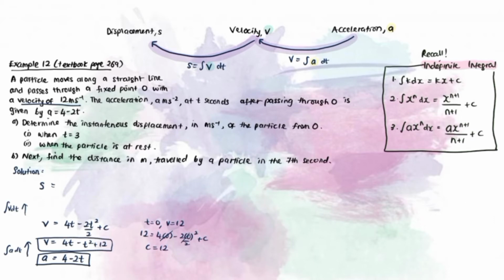Now to find the displacement function, we have to integrate the velocity function, and you will get 4t squared over 2 minus t cubed over 3 plus 12t plus c. From the question, we know that the particle passes through the fixed point O. So t is equal to 0, s is equal to 0, and substitute into the displacement function to find the constant.